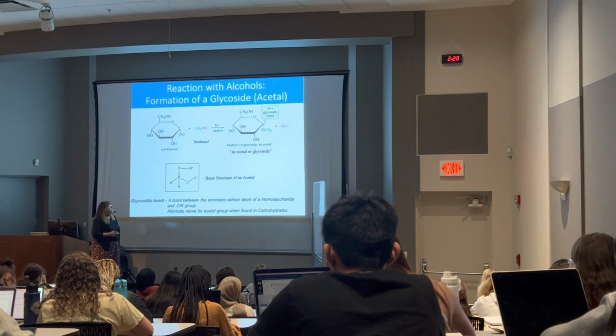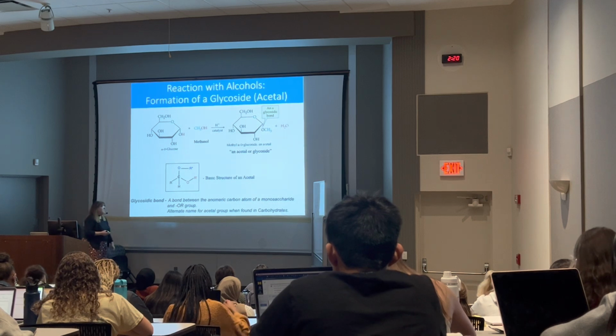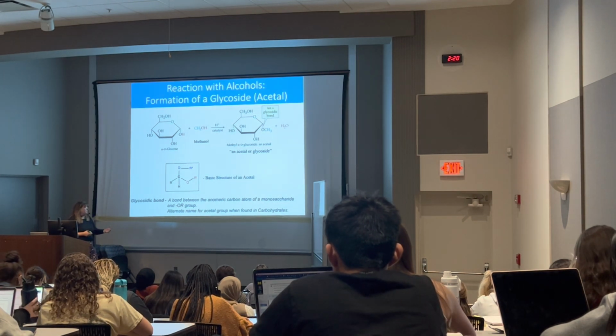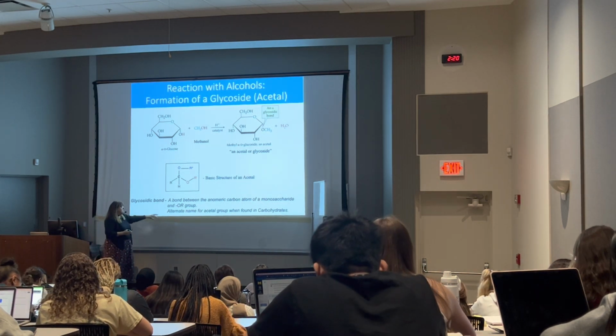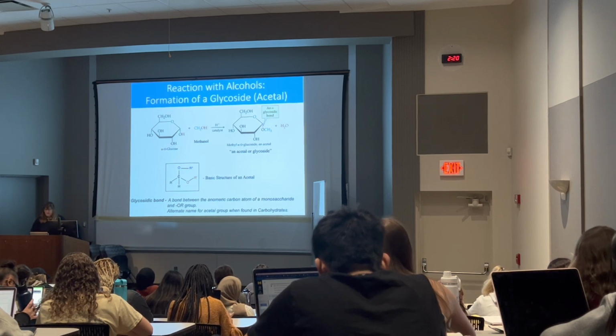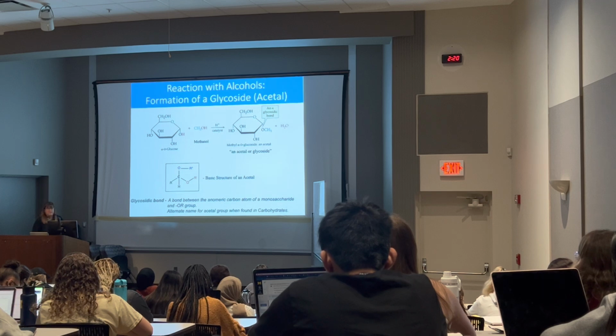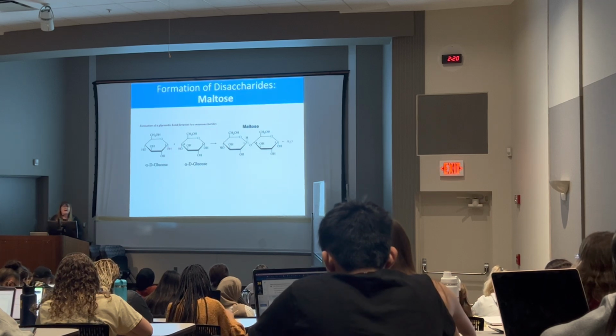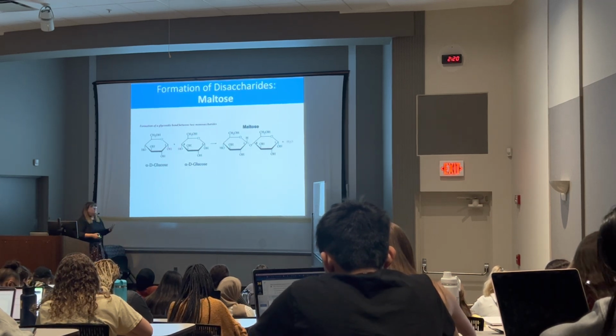It's a bond between the anomeric carbon of a monosaccharide and an OR group. And I already told you that it's an alternate name found in carbohydrates. Okay. Let's look at how this works when we take two monosaccharides together and form a disaccharide.